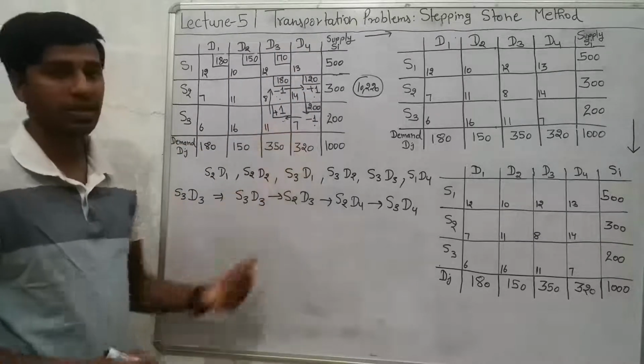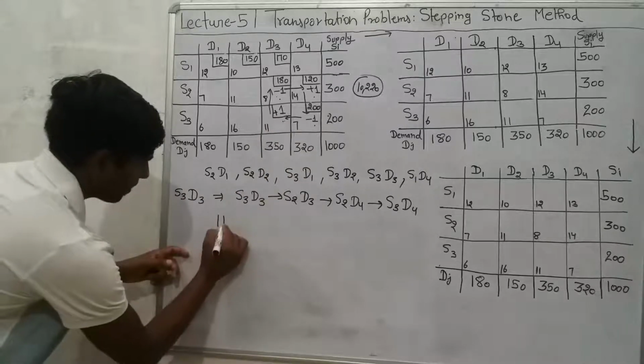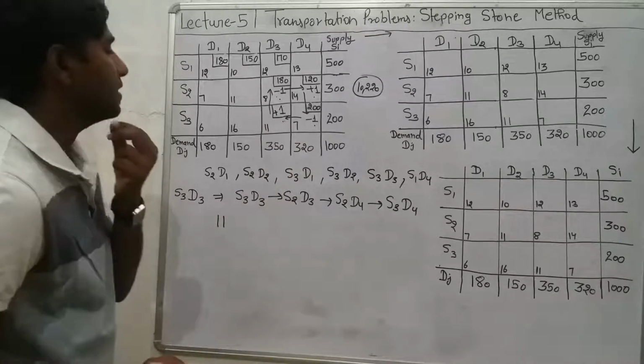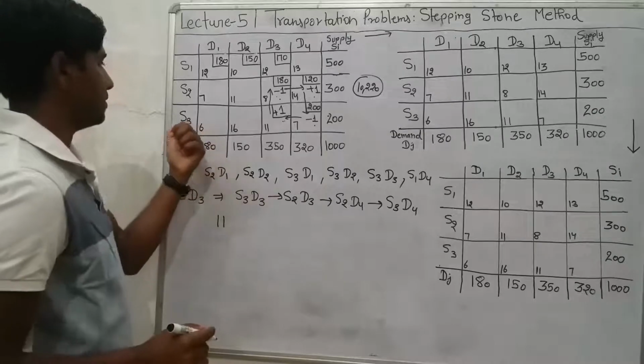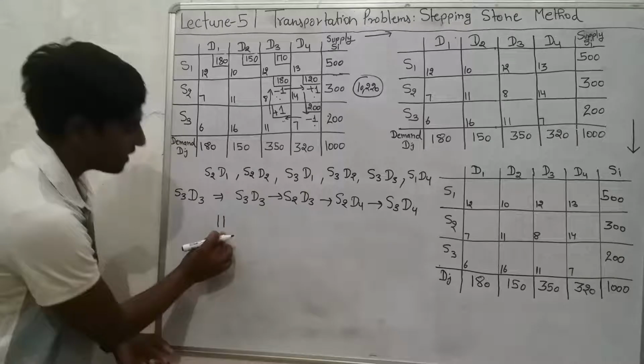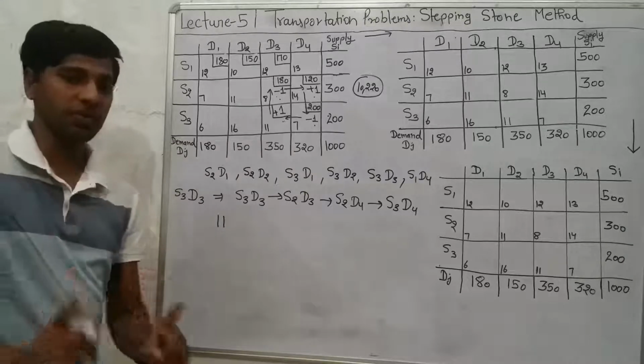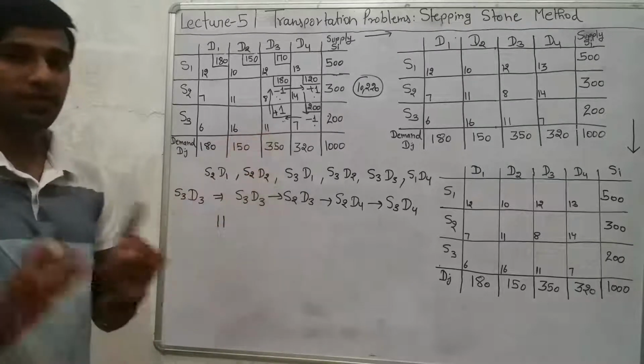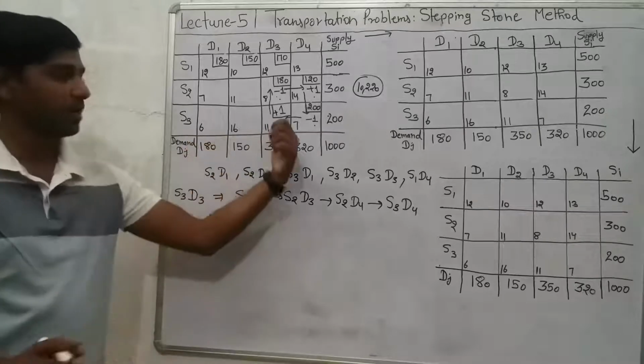It is 11 rupees. So the effect of opting this route on total cost is that the total cost would increase by 11 rupees, because we are transporting only one unit.